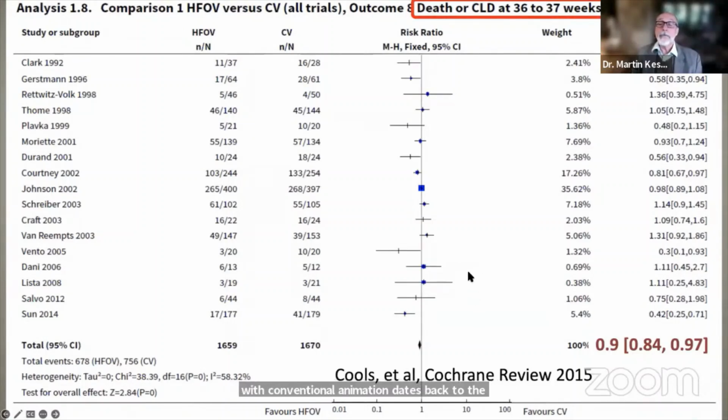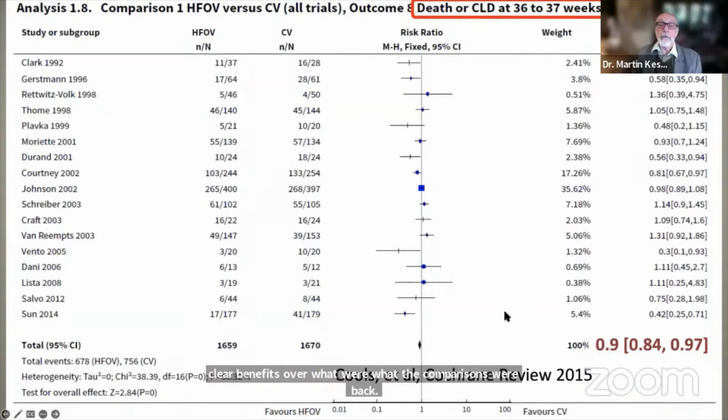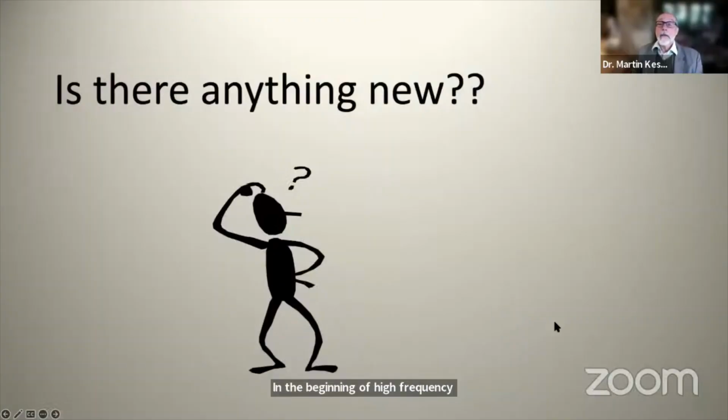Volume-targeted ventilation has clear benefits over the comparisons made back at the beginning of high frequency ventilation. So that is the rapid journey through the evolution of high frequency ventilation.